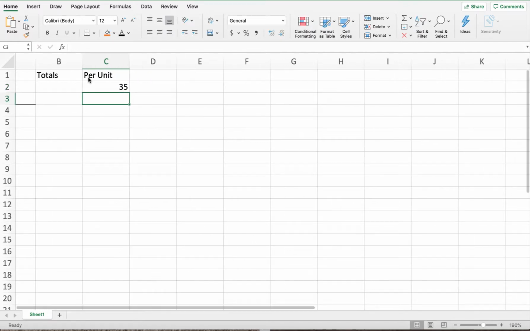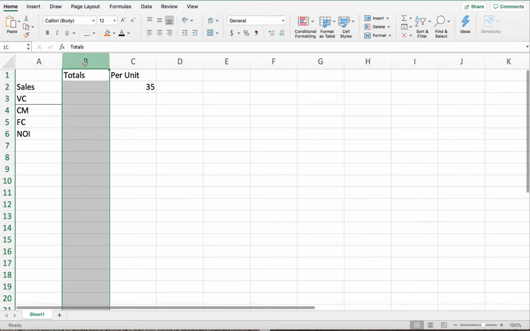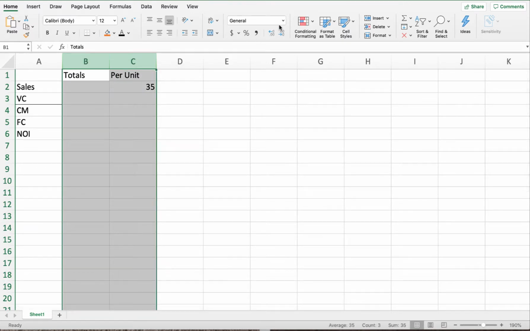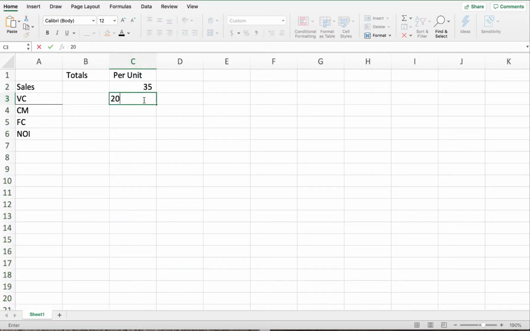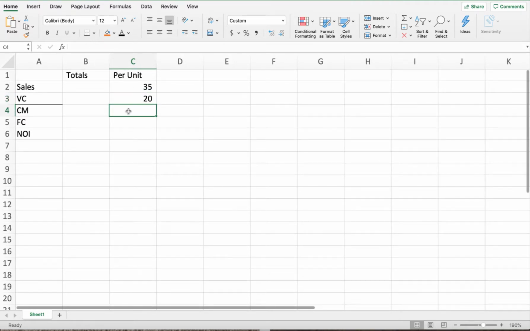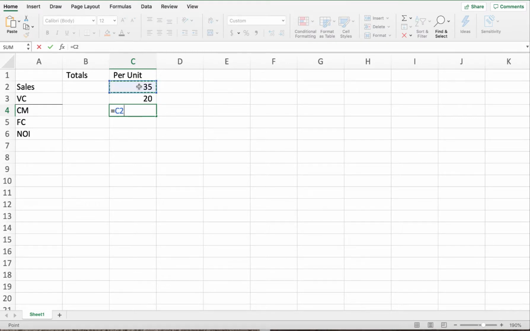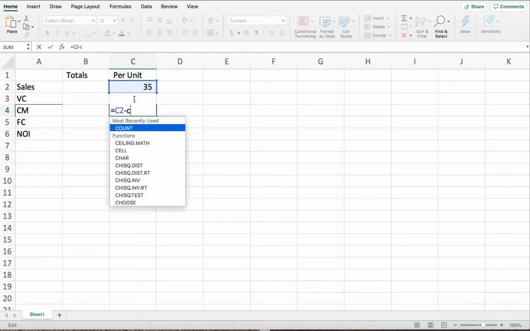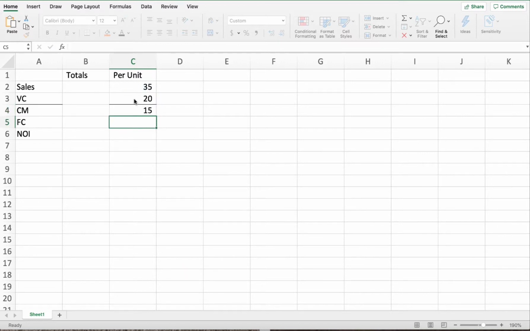That's my per unit price, right? That does not change in this scenario. My variable cost per unit is $20 per unit. How do I calculate my contribution margin? Very simple. I take my sales per unit minus the variable cost per unit, and I get $15. Okay?